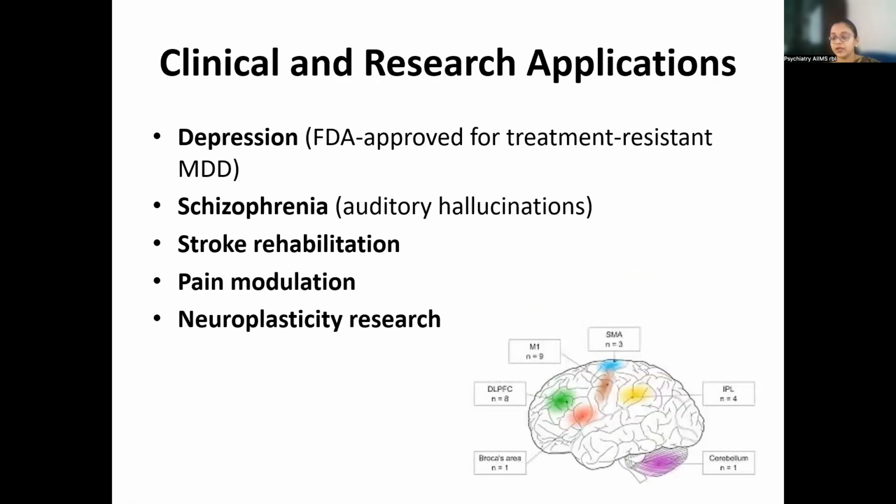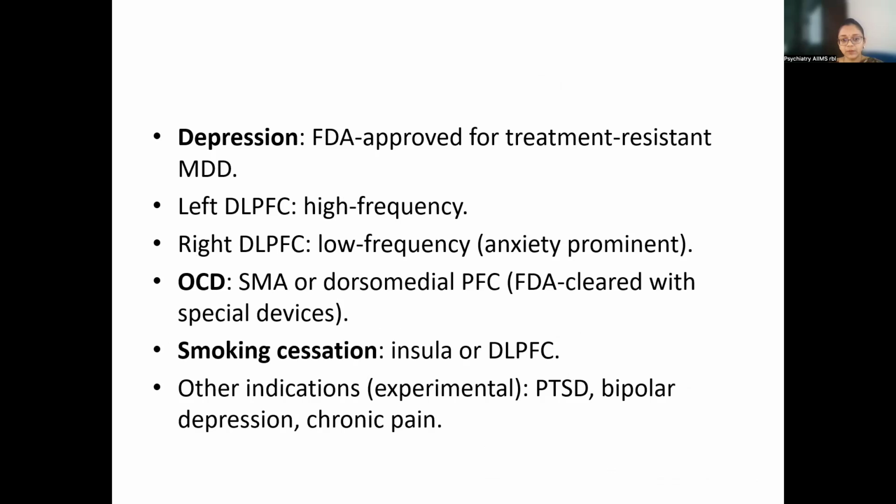So this would be dealt with by my following speakers, the areas where TMS is used. This figure briefly shows us what superficial structures we can access through TMS, and they can be used in different therapy and different indications.